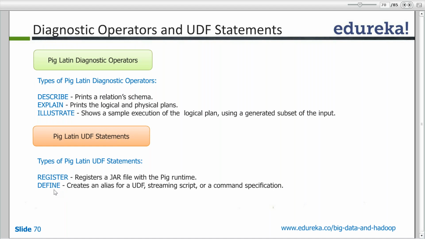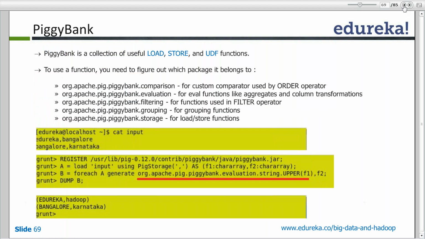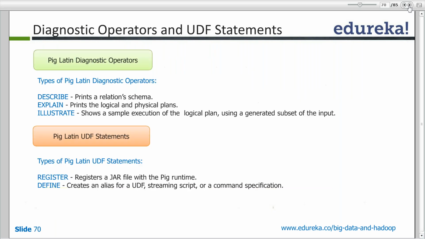There's also define. You can create an alias for a UDF. Like in this case, my UDF's name is very big, org.apache.pig.piggybank. I can give a shortcut name to this using define, a shortcut name for that huge UDF class name.